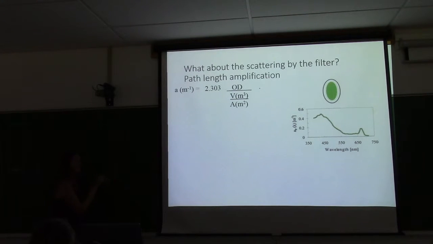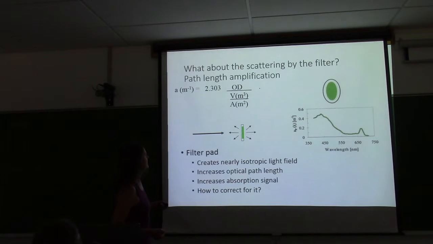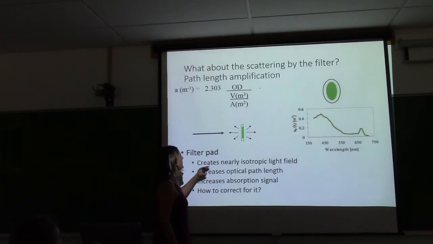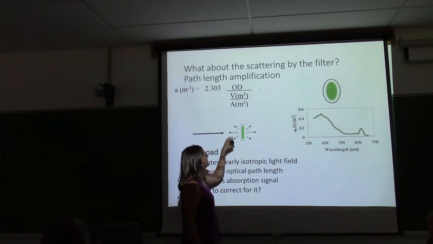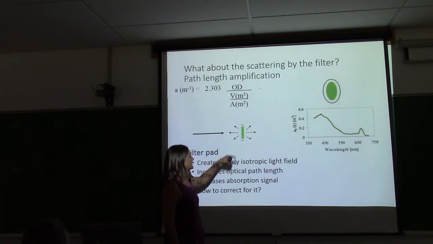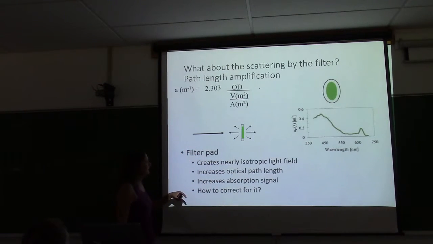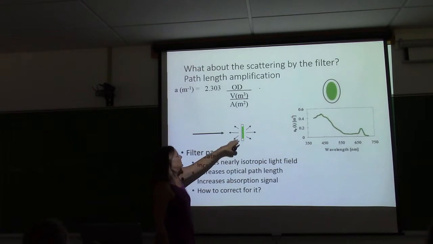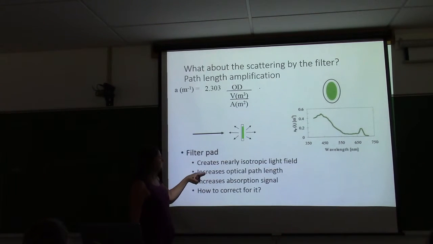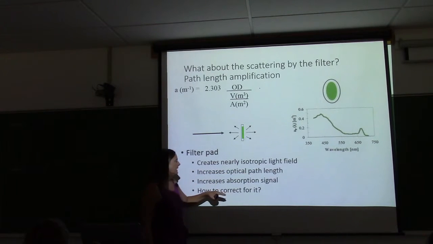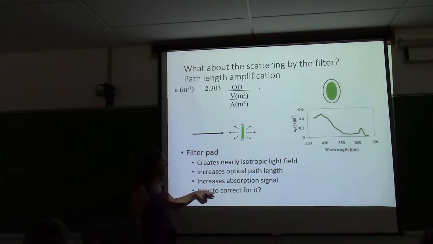If it's scattering, it's increasing its optical path length. So you have to account for that. It creates a pretty uniform light field, which turns out to be kind of interesting and clever. You can make use of that. But the most important thing is that it increases the optical path length, and you need to account for that.